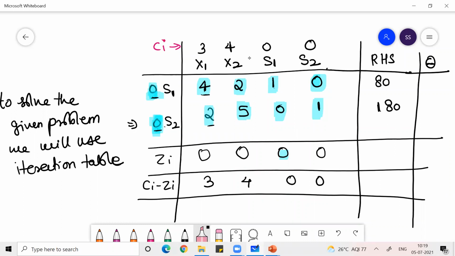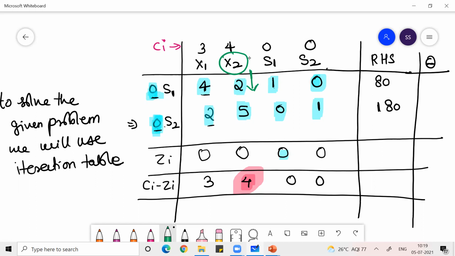Out of all Ci minus Zi, the highest value is 4. What does this mean? The decision variable corresponding to 4 is x2. It means x2 is going to enter into the solution and it will replace some dummy variable, either s1 or s2.